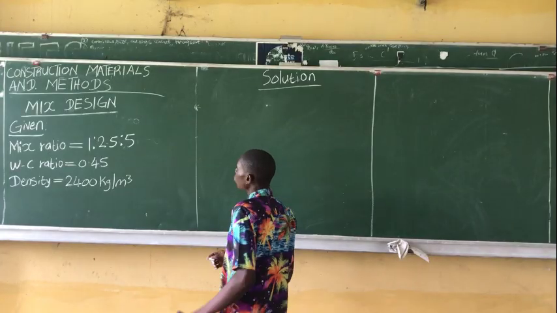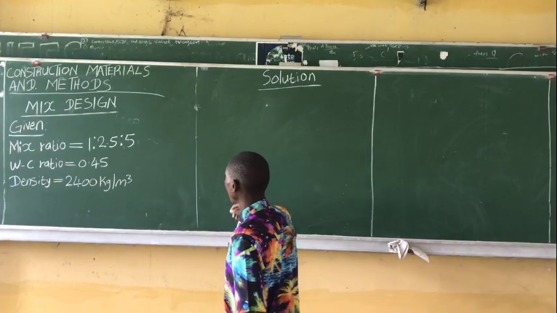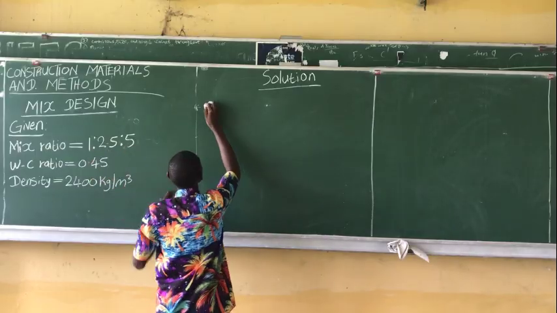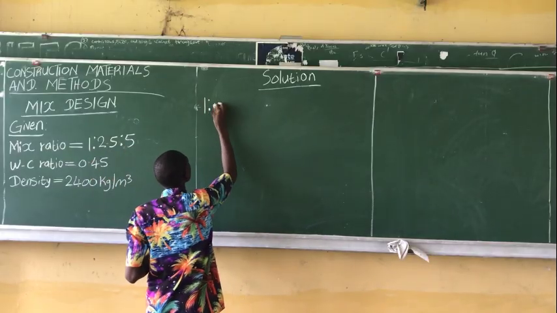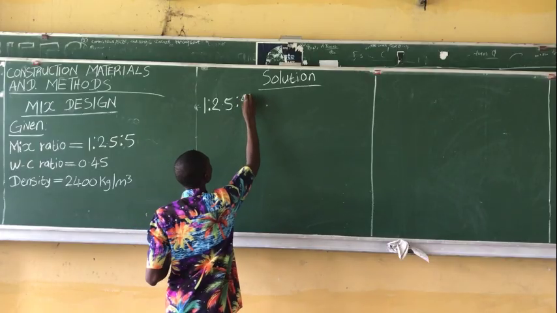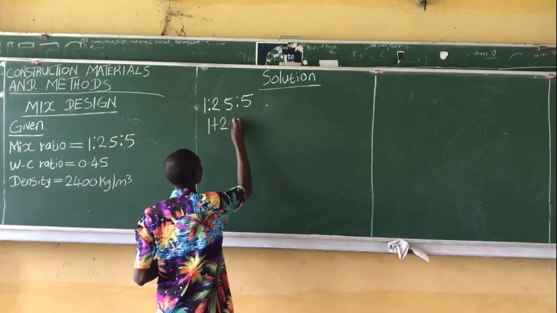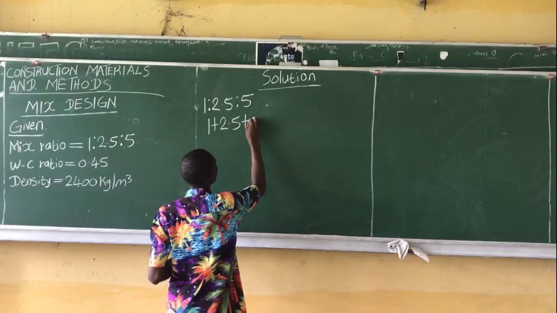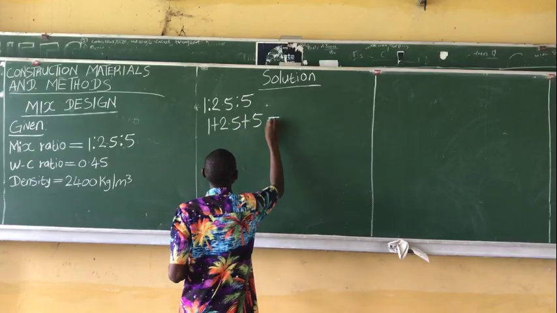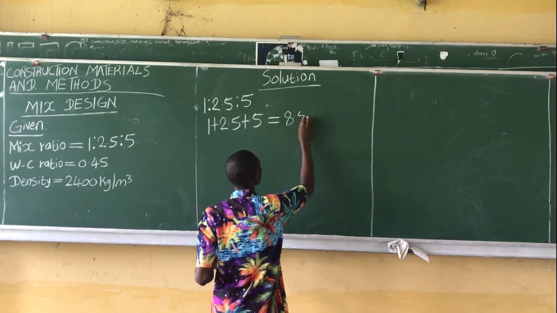The first thing we do is to add our ratio. We have a ratio of 1:2.5:5, so we simply do 1 plus 2.5 plus 5, and that's equal to 8.5.